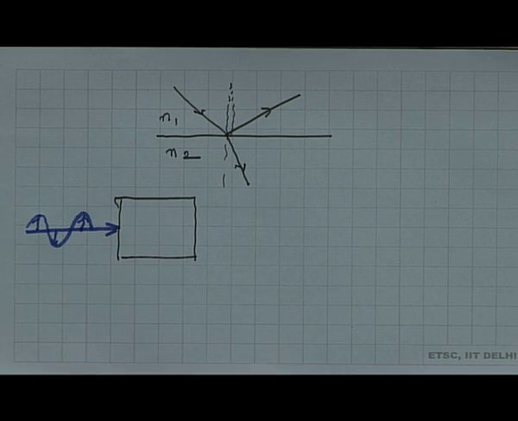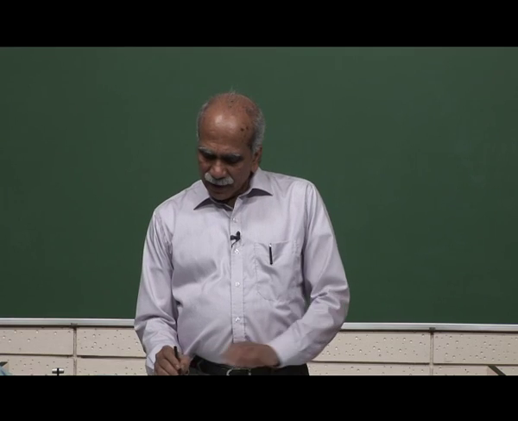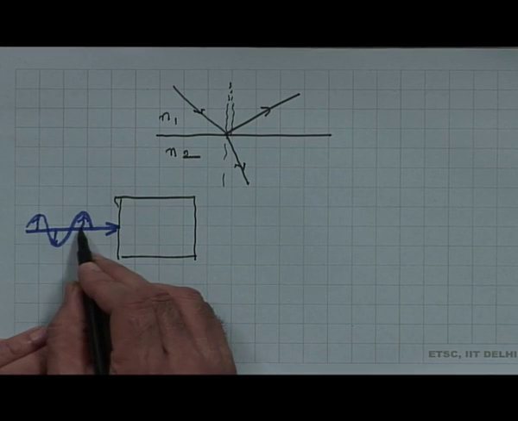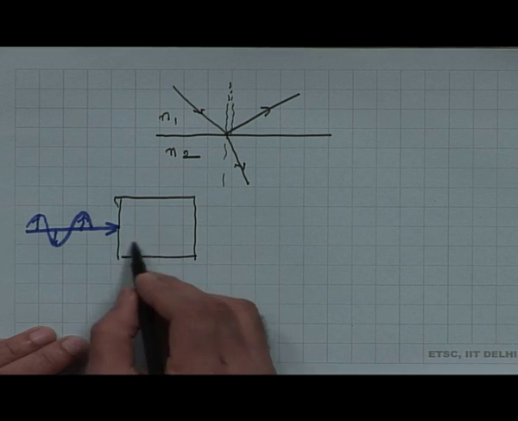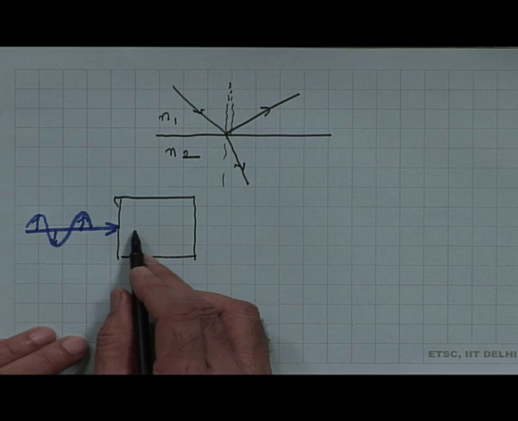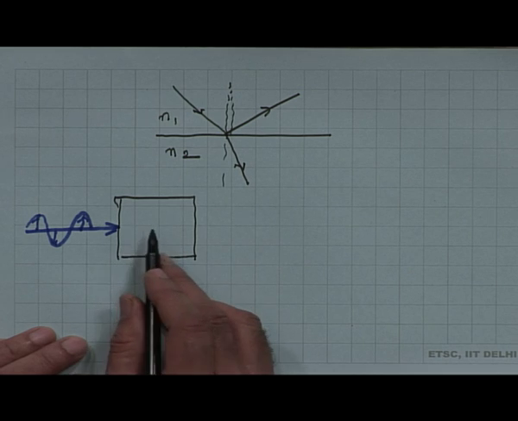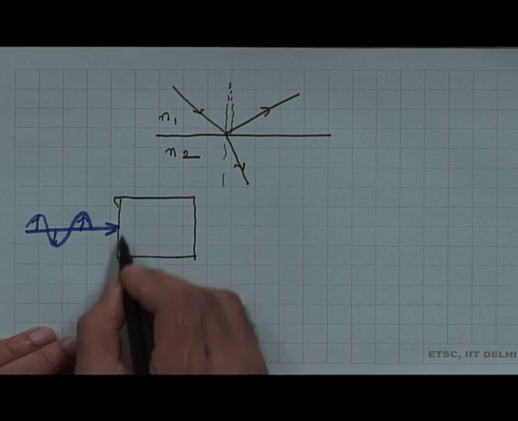When light enters the medium, due to the electric field, the medium comprises of atoms. It is matter made up of atoms and molecules.